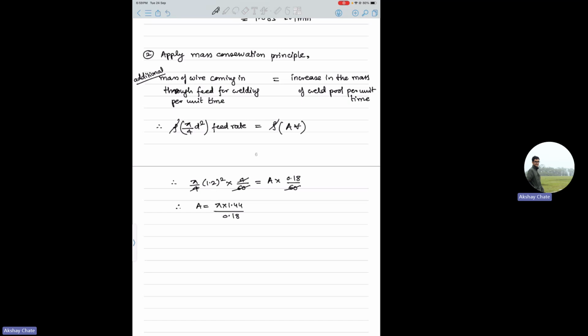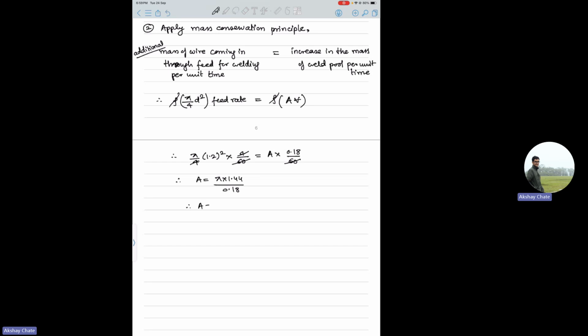So what will be this value? Pi into 1.44 divided by 0.18. So the cross-sectional area of the weld pool comes out to be 25.133 mm square.